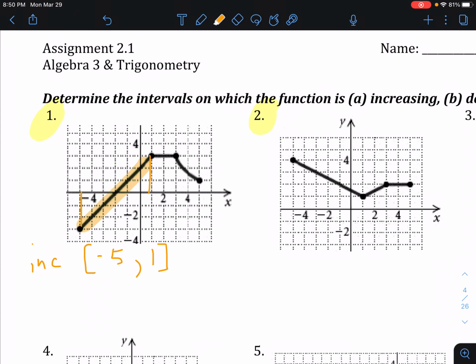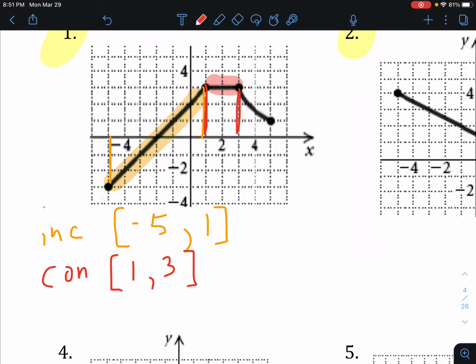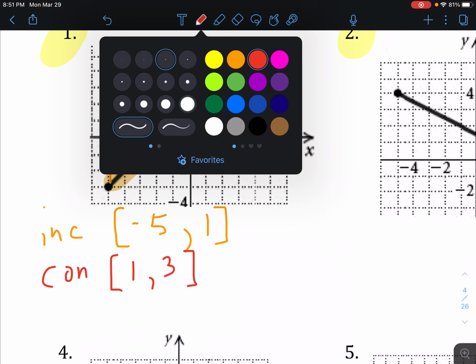So right here is the constant part. So I'll put CON for constant, and that goes from 1 to 3 for the x's. And then the last little part is decreasing.